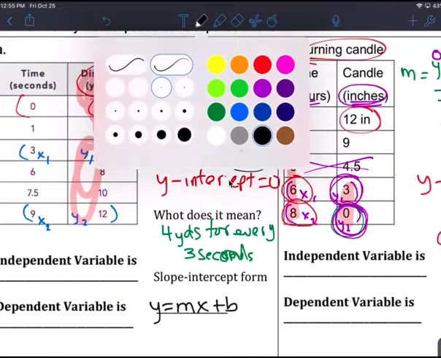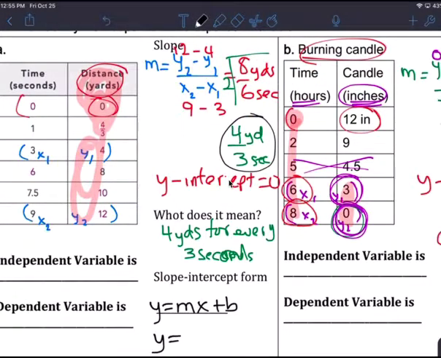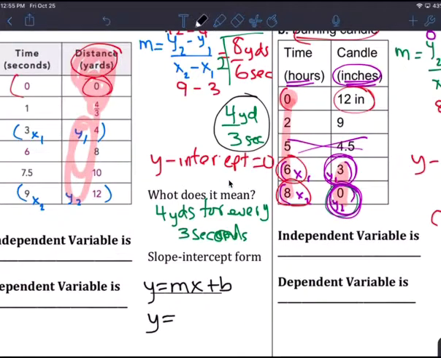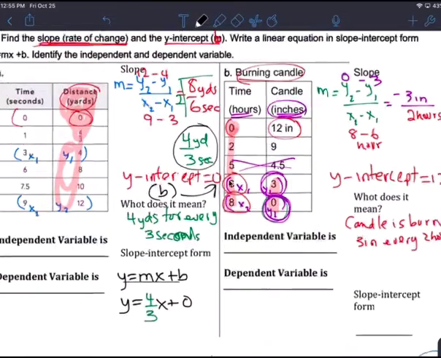You copy your y, and for your slope, you put 4 over 3 for m. Copy your x. B is your y-intercept, and it's 0 here, plus 0. Okay, that's what you do here for slope-intercept form.